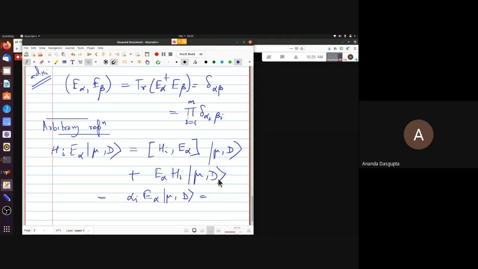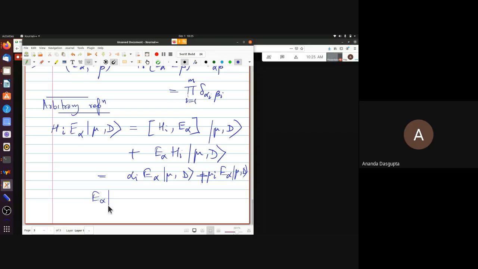And here HI acts on mu, so I know it's giving you mu I. So HI acting on that is mu plus alpha's ith component acting on E alpha mu. So given a weight mu, what this process does is produce a new weight mu plus alpha from that.